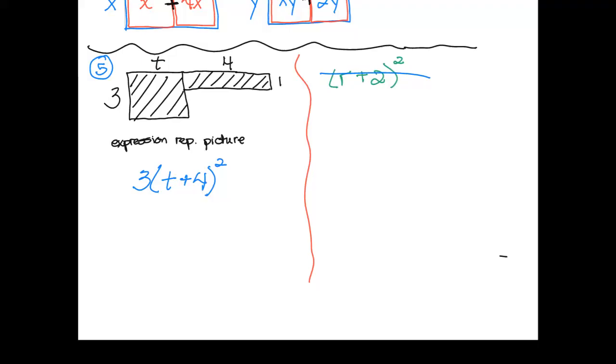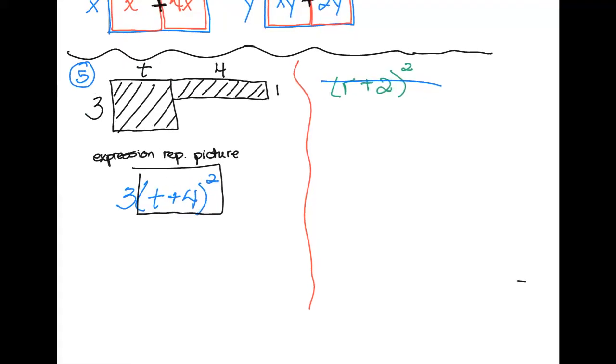In this case, if it's 3 times quantity t plus 4 quantity squared, according to order of operations, what would I have to do first? Well, we're not solving, we're just simplifying. So I would have to find t plus 4 squared. Do I have t plus 4 squared?